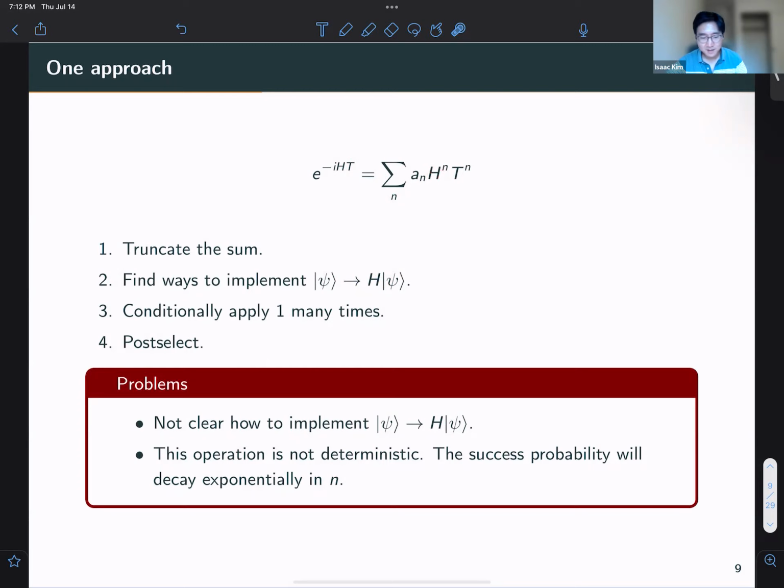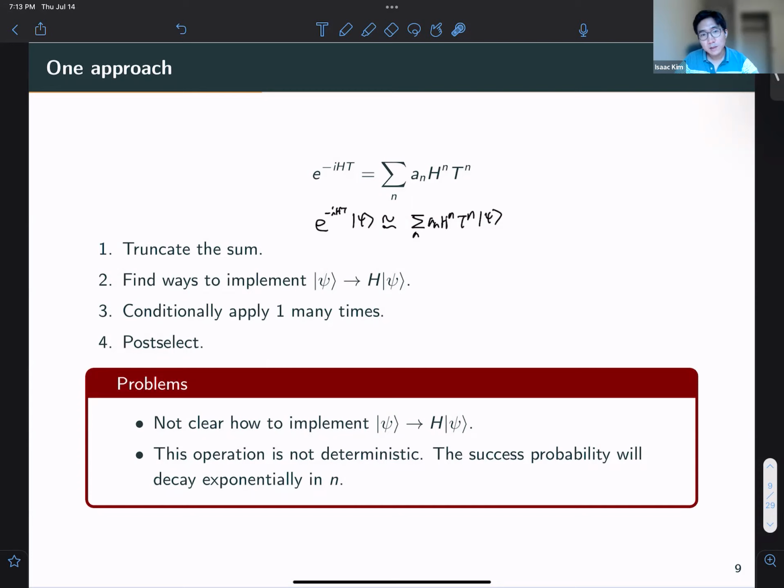If you truncate this expansion to some finite sum, you presumably want to do something like this. So maybe you want to find ways to implement mapping psi into H applied to psi, and take some linear combination and maybe post-select. This is very vague, and I'm going to explain in more detail how these things actually work, but that's something that people do at a high level.